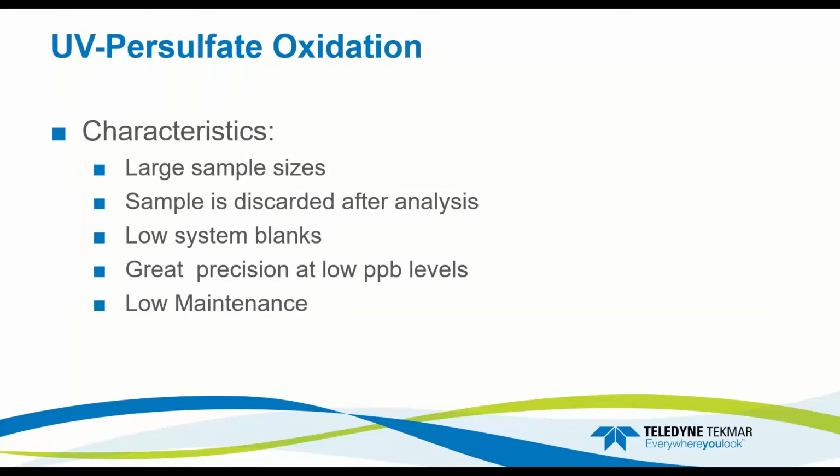So, characteristics of a UV persulfate oxidation system: yes, we can handle large sample volumes. I believe the pharmaceutical method is up to 9 mils per sample, or 9 mils per rep. That gives us the utmost sensitivity and utmost detection at ppb levels. Sample is discarded after analysis, low system blanks, great precision, low maintenance.